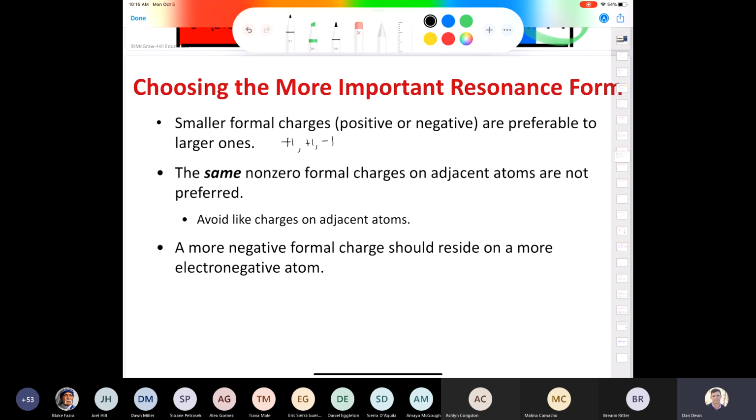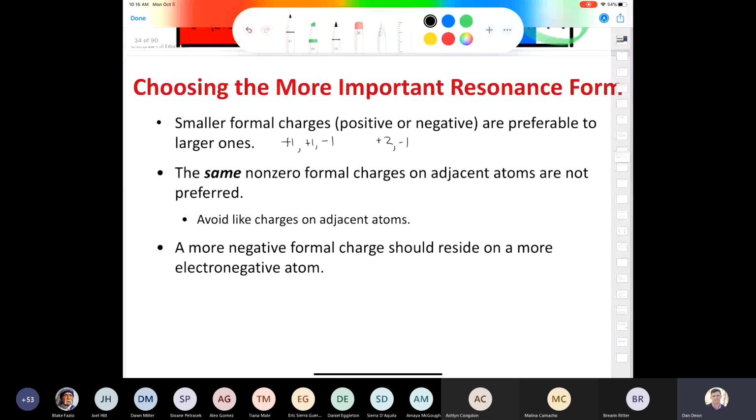Because overall that has a charge of +1, rather than having a +2 and a -1, right? We just always prefer to have smaller charges. That's just one quick example off the top of my head. The sign doesn't look very pretty there, does it?